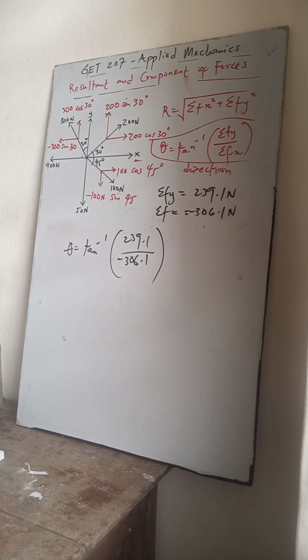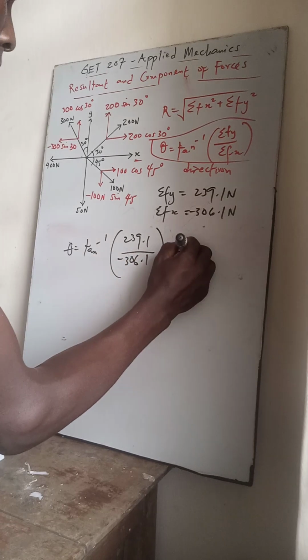So we calculate that. Let's press our calculator: tan inverse of 239.1 divided by minus 306.1, and we close our brackets. Our answer is minus 37.99 degrees.